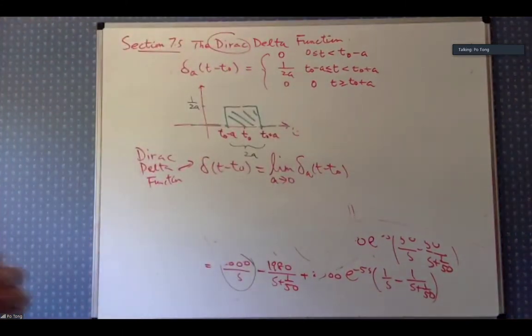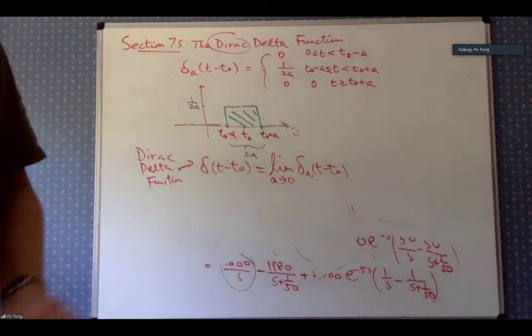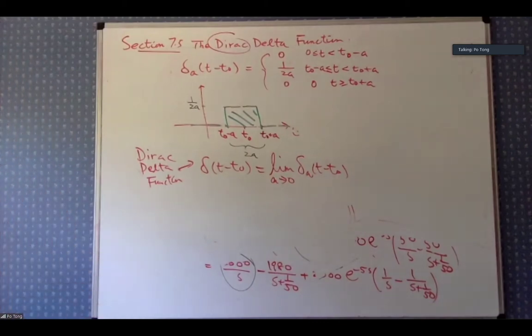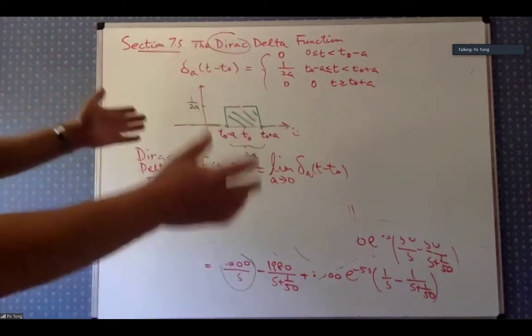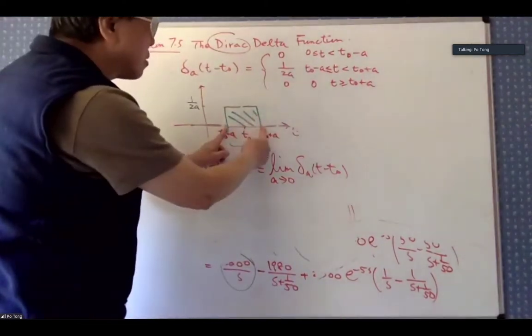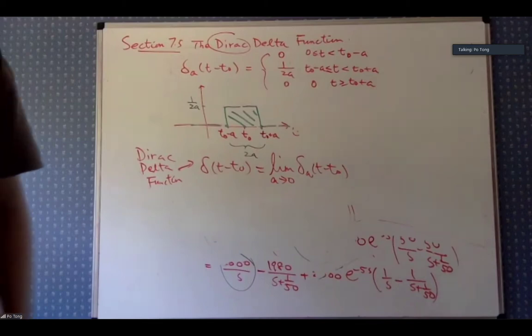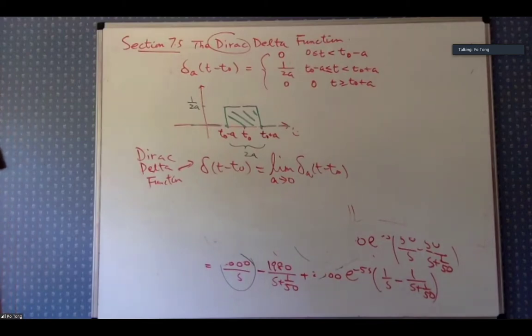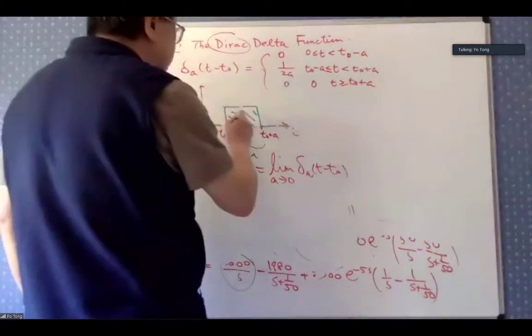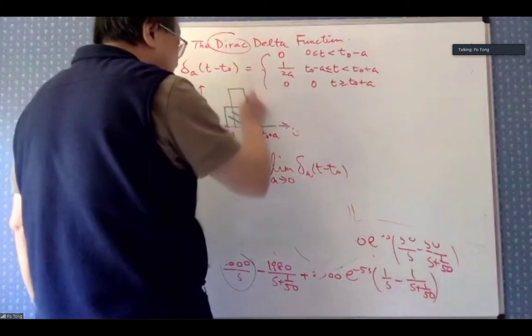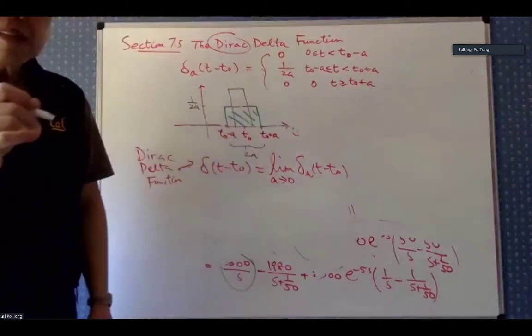Now I want you to imagine this. I'll show you some animation later. I want you to imagine this as a gets smaller and smaller. Then let's say a is a little bit smaller, then this guy will be taller, right? You guys know what I'm talking about?